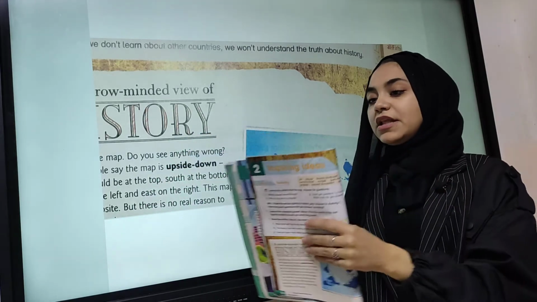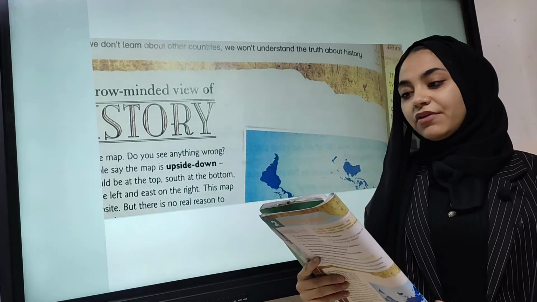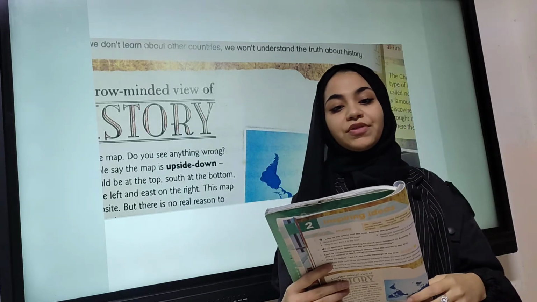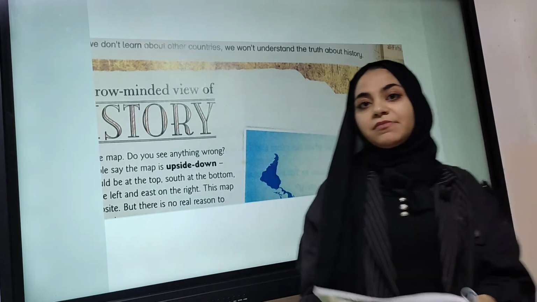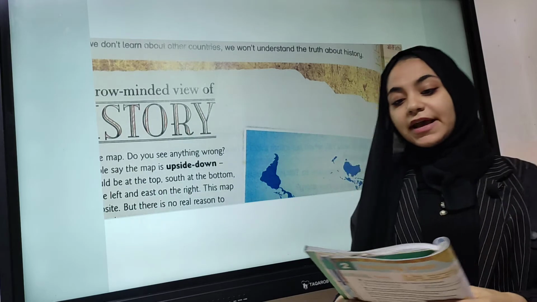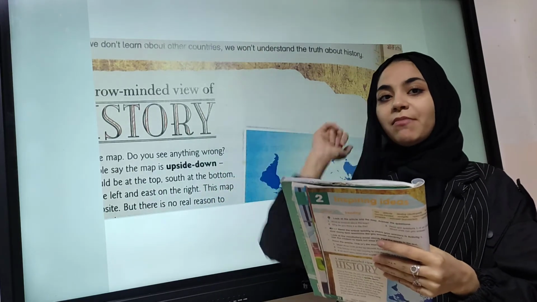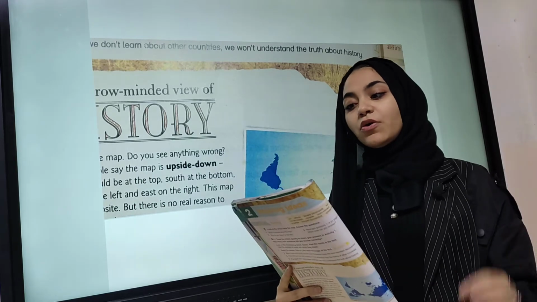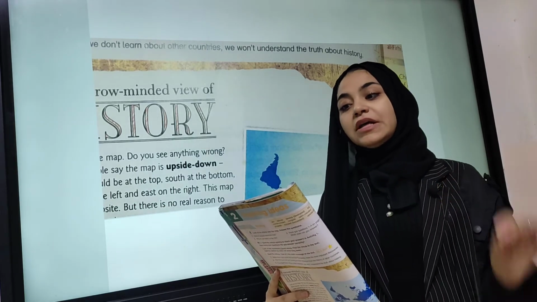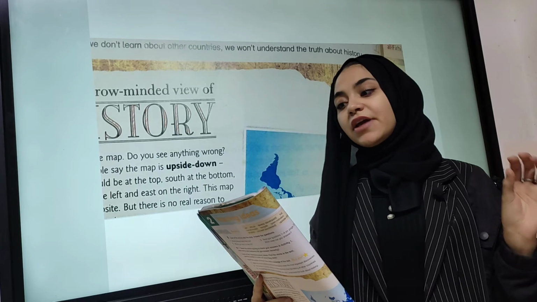Okay, let's move to the second paragraph. Have you ever wondered why north is at the top of the map? Yes, tell me. So here we have a question: why is north at the top of the map? It is because 500 years ago, sailors used the stars to guide them.